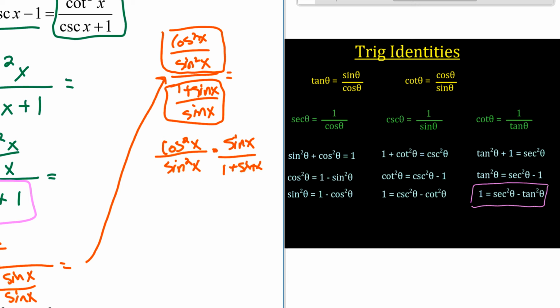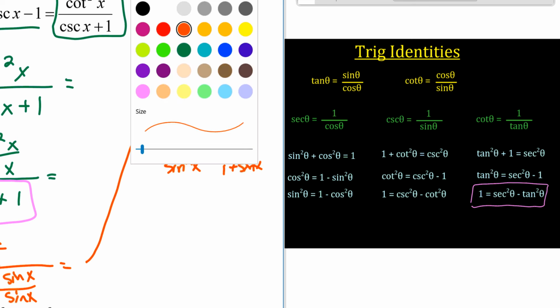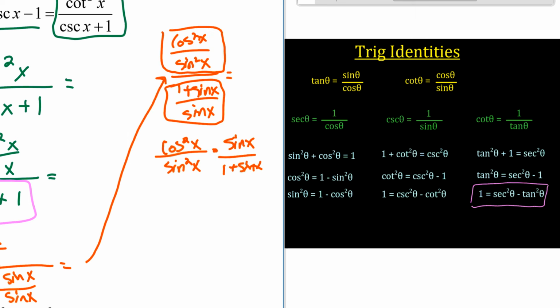Well, one nice thing here is, let's do something to contrast a little better. This sine x on top here can cancel out with one of those sine x's on bottom there. So what we're going to have in our next step is cosine squared x over sine x times 1 plus sine x.